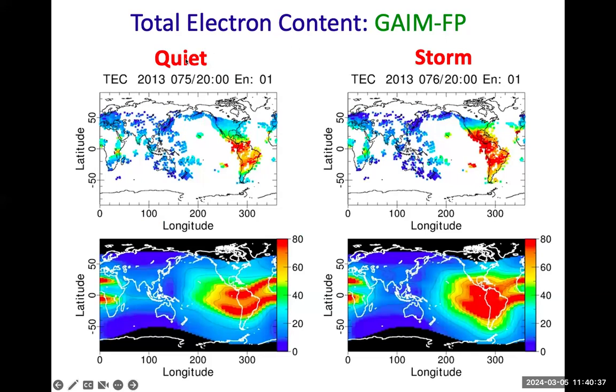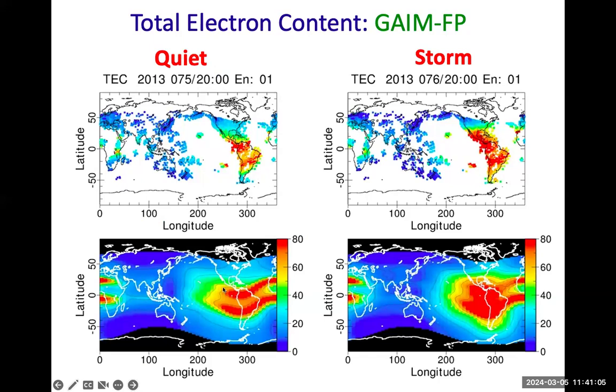So day 75 was a quiet day, March 16th, and we're looking at the same UT here. This is 2000 UT. We see the observations again in the top and the model results in the bottom. And if you look at the model results and also at the data over the American sector, you see these beautiful equatorial anomalies.